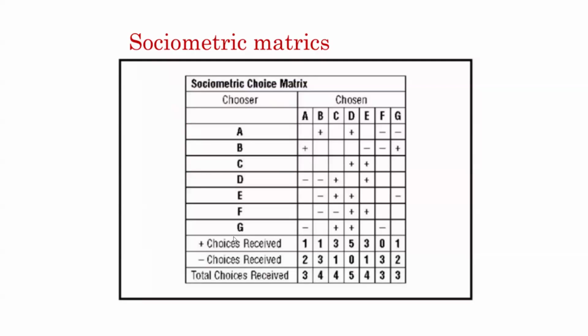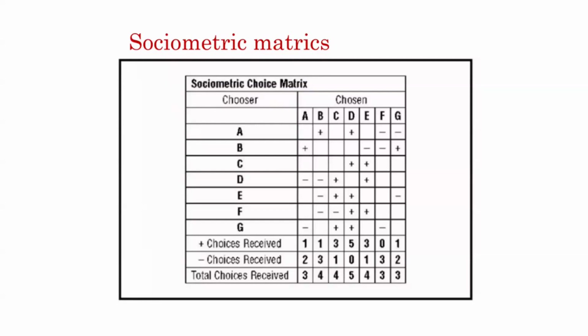Here, see sociometric again, analyzed in another way. A, B, C, who have chosen whom, like this way also you can study. You can try it out within your class and find out the reason. In order to find out the reason, you have to talk with the students in a friendly manner, whether they have any problem.